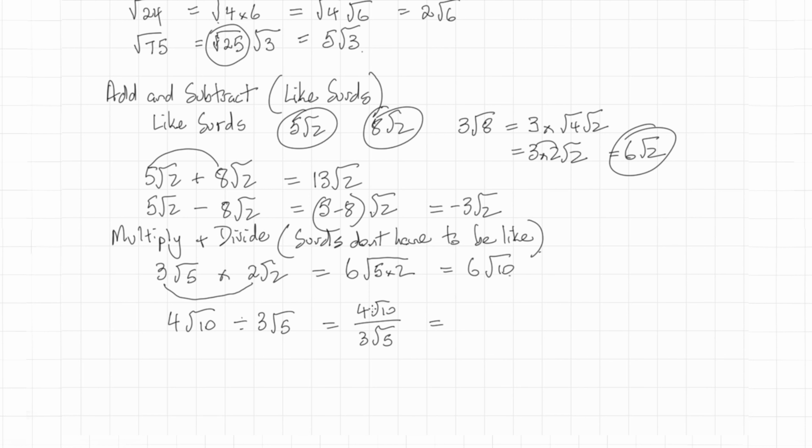Nothing will cancel here. We'll come to the third part in a minute. So 4 on 3, there's nothing will cancel. So we've got 4 on 3. Now instead of writing it like that, we can write it with 1 square root and just put the 2 integers underneath. And we know that 5 into 10 goes 2, so it'll be 4 on 3 root 2.